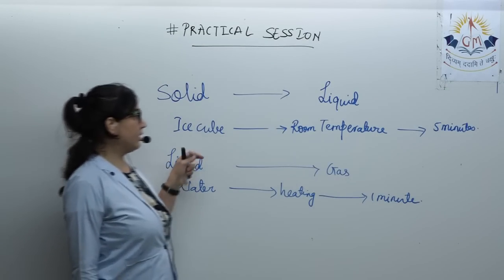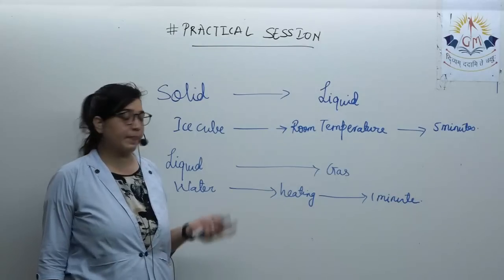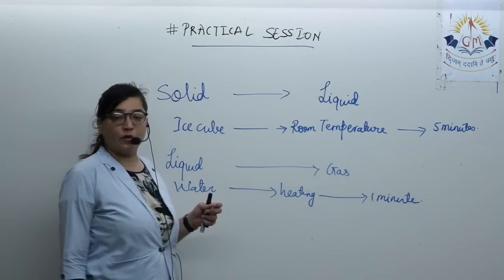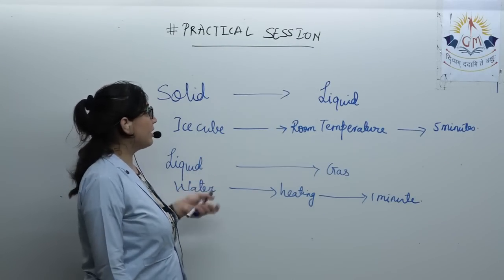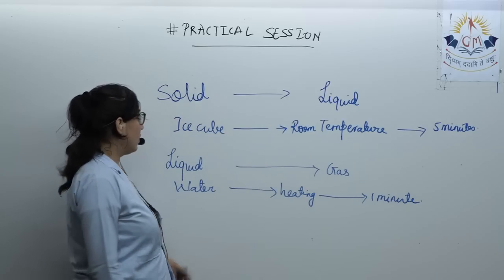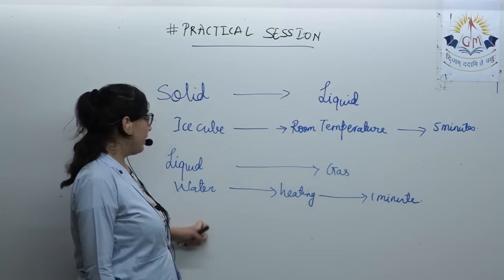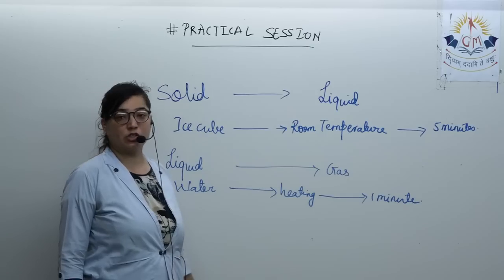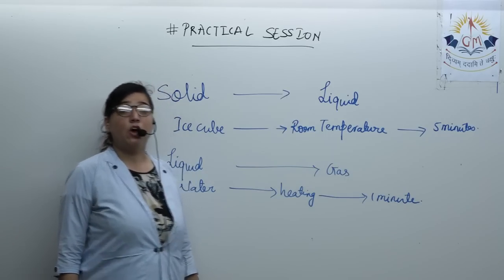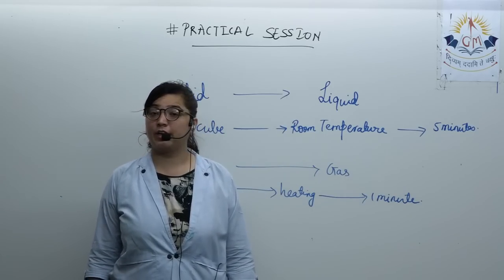If you put a small ice cube at room temperature for about 5 minutes, you will see it getting converted into liquid. This is melting. Liquid can get converted into gas. How? Take the water, put it on the gas, and for just 1 minute observe it. You will see that liquid is getting converted into gas.